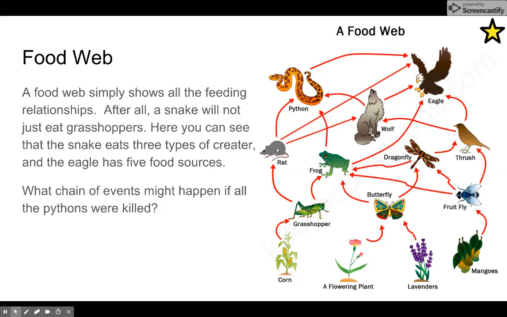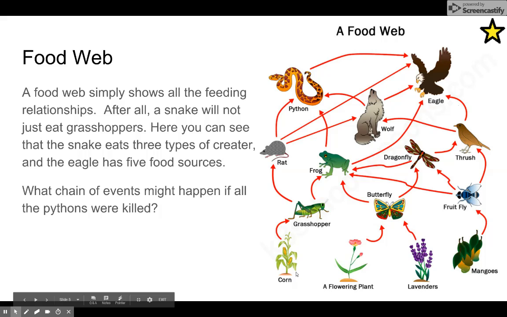And if that happens, then the eagle loses 2 of its food supplies now: the pythons we killed and the rats who disappeared. This means it might turn to eating more frogs, but the frogs have already lost some of their supply. It might switch to eating more thrush, which would cause more fruit flies. It's really hard to decide what's going to happen.